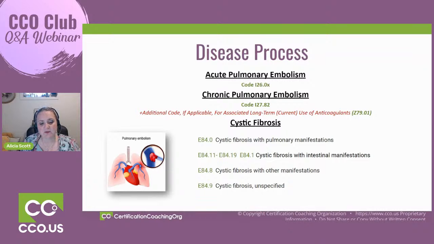These are E84 codes. So you can have it with pulmonary manifestations, which would be a point 0. Then we also have a range for intestinal manifestations as well as other manifestations. We've identified what other stands for in the code set, and cystic fibrosis unspecified. Really, really good to become familiar with this particular disease process.